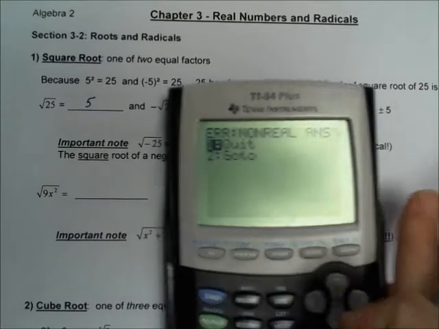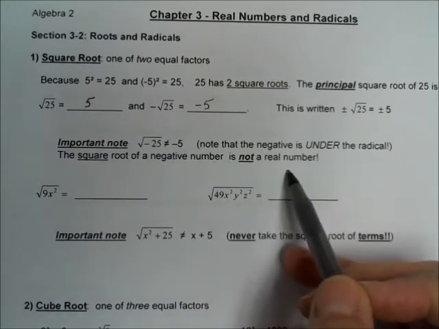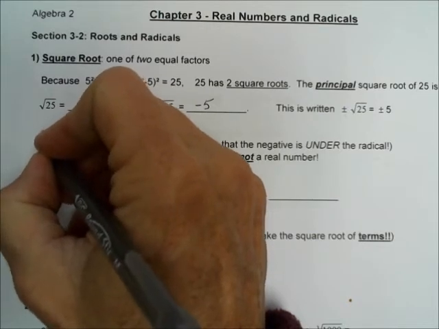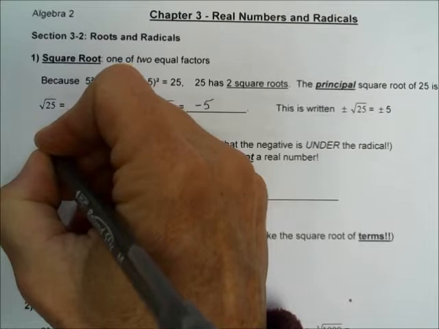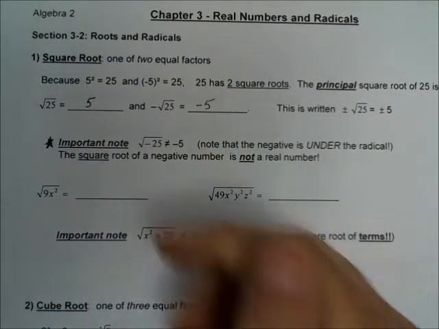So if it's a non-real answer, it's not a real number. So make sure you know that. You can't do a square root. Well, we are going to really later on in this chapter be trying to take square roots of negative numbers, but for now, for this part of the chapter, you can't do that.